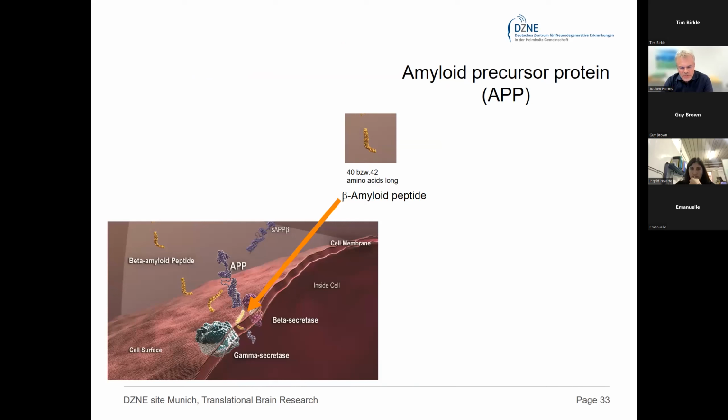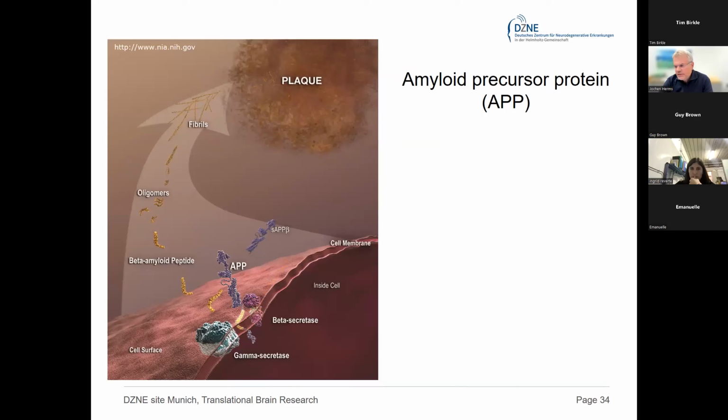It's a transmembrane protein that is cleaved by certain protein complexes, the gamma secretase and the beta secretase complex. Based on the cleavage of the APP, the A-beta peptide occurs, which further on, if it's not taken up by microglia, aggregates into oligomers, and further aggregates into fibrils and plaques. So the A-beta peptide is critical for Alzheimer's disease.